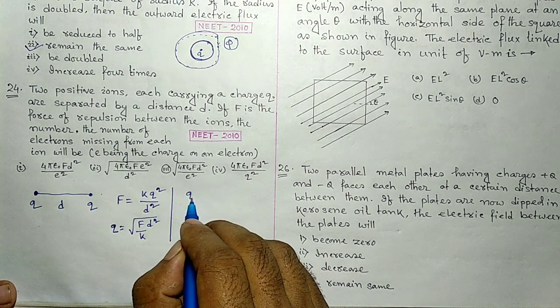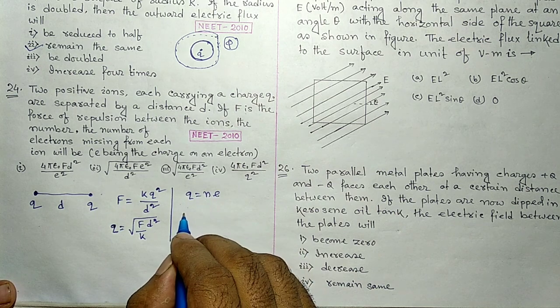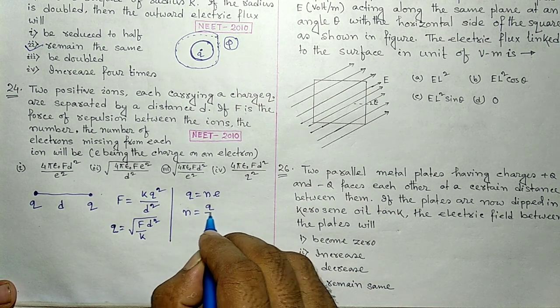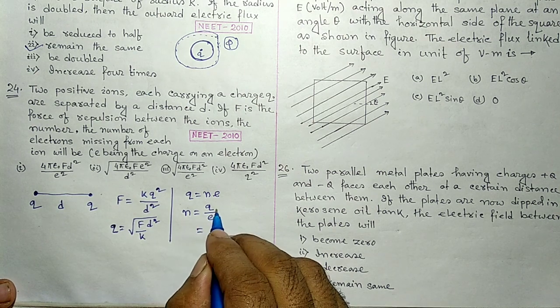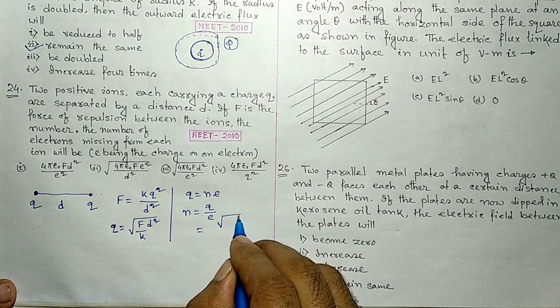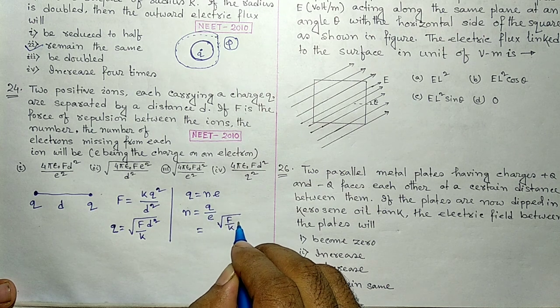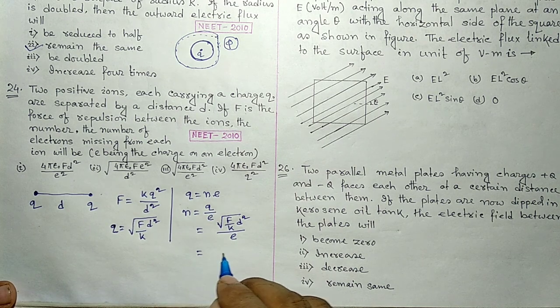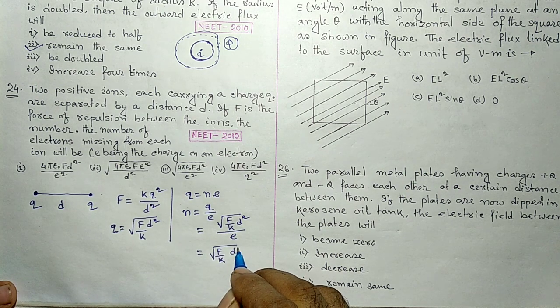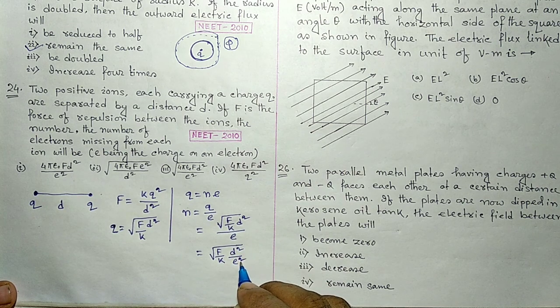Now we know q is equal to ne. So n is equal to q by e, which is equal to, putting the value of q, root over F by k times d divided by e. It is equal to root over F d square by k e square, since e goes inside the root as e square.